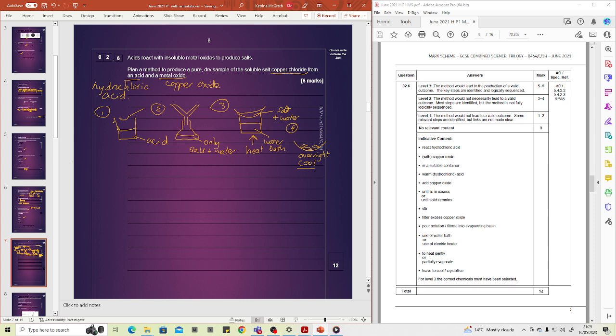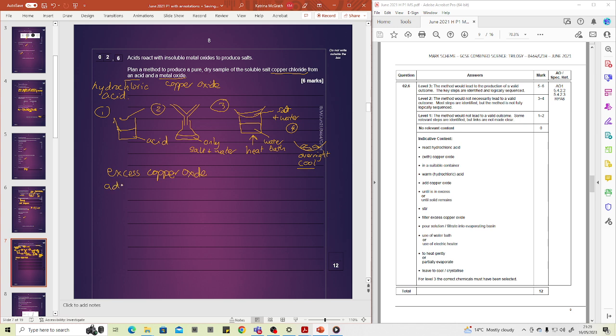Okay. So to write the method, you can see on the right hand side what the key aspects of the method are, but let's just remind ourselves what are the very important things to do. So we've got to make sure that there is excess copper oxide. Don't just call it copper, don't just call it oxide, excess copper oxide. And how do you know?